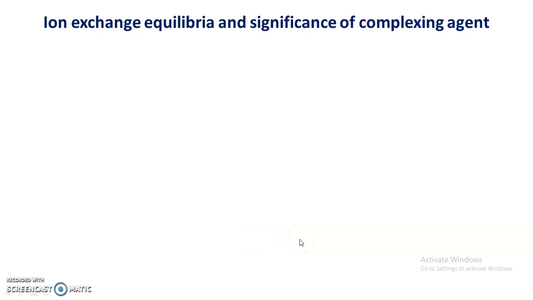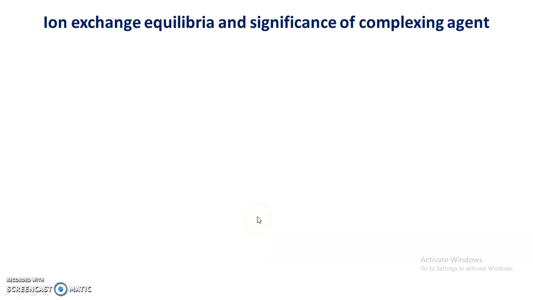So in the last video we were discussing the separation of lanthanide ions by the ion exchange method, and as you know, during this separation the complexing agent plays a very important role.